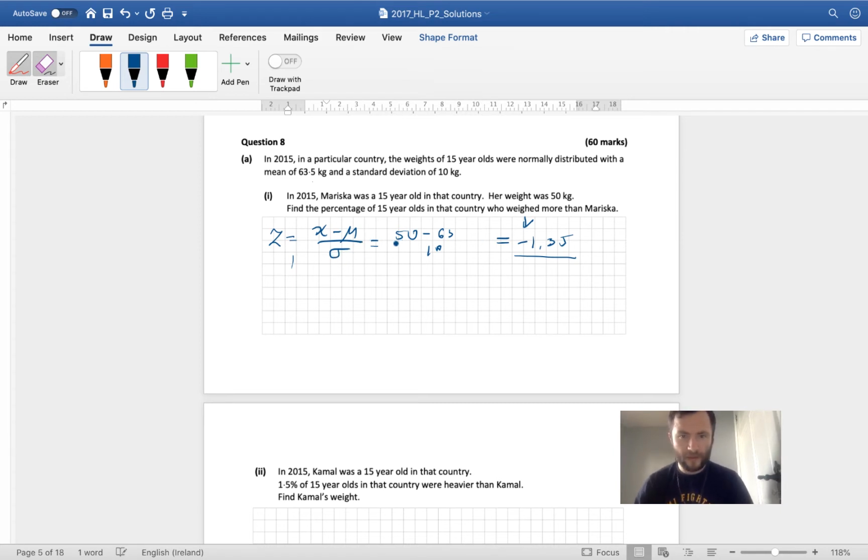Now we can associate a z-score with that weight. That z-score will be calculated by using the z-score formula, x minus mean over standard deviation, which gives us a z-score of minus 1.35.